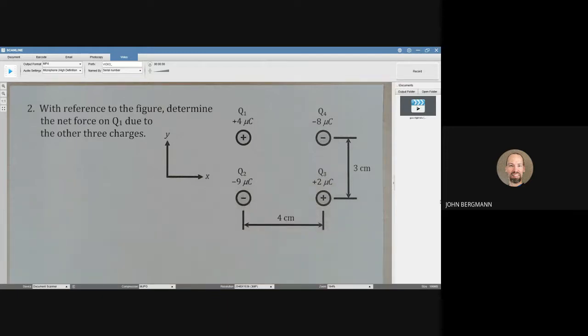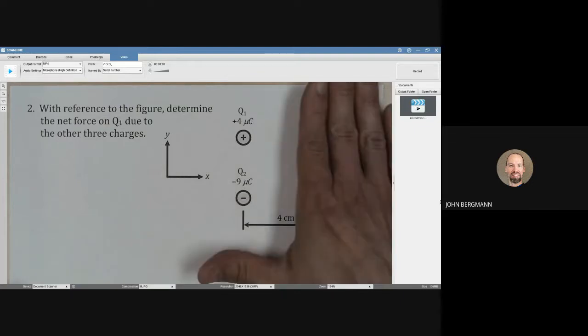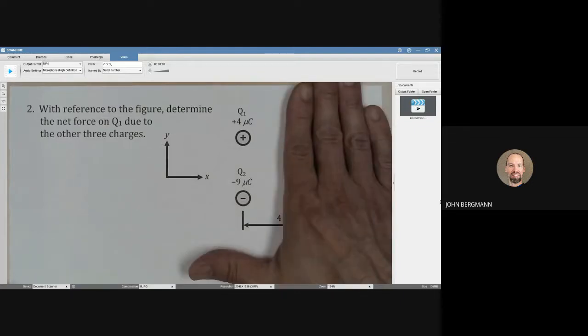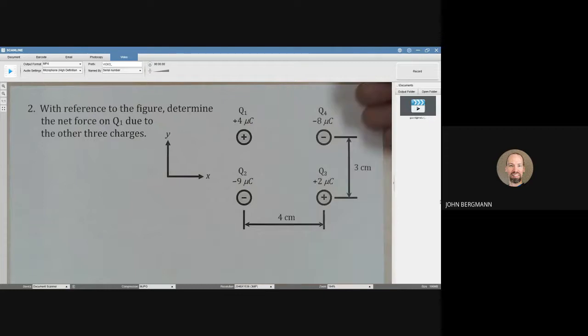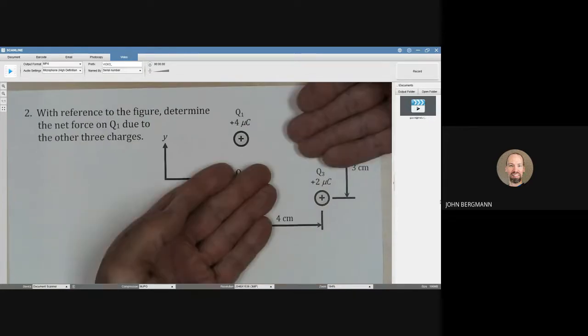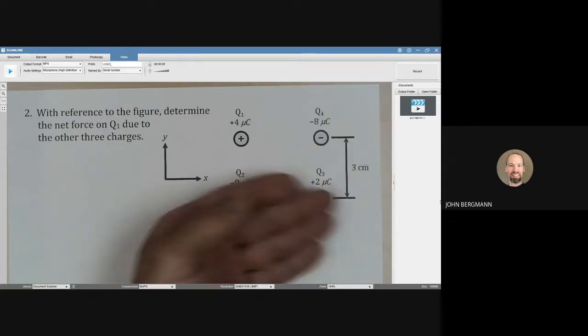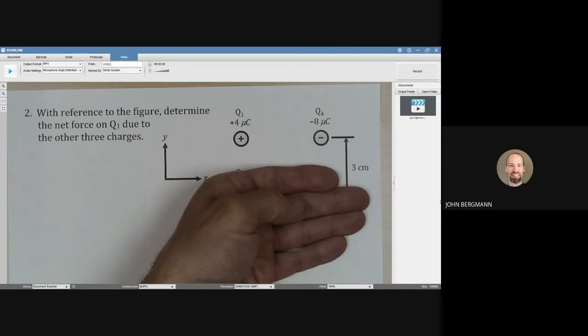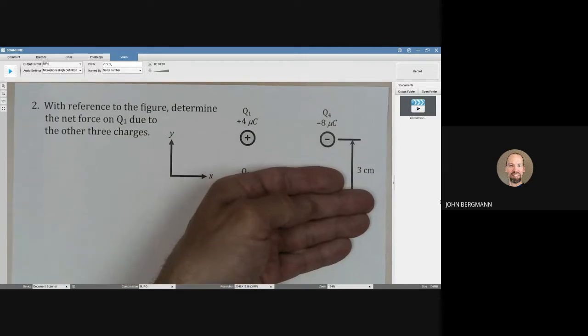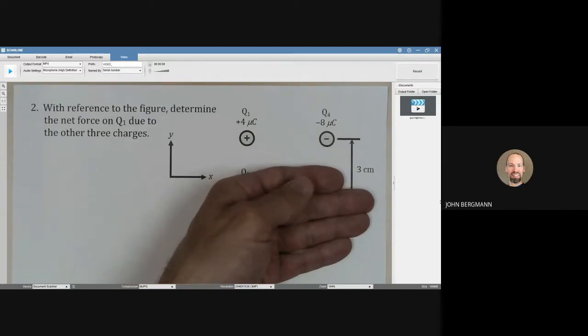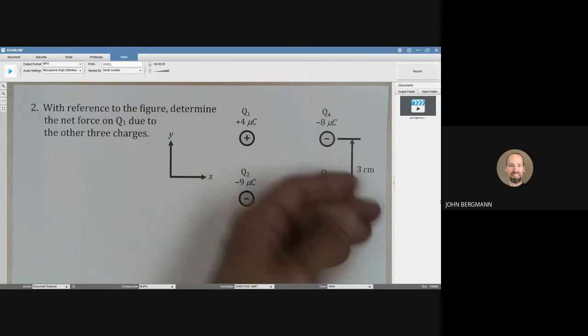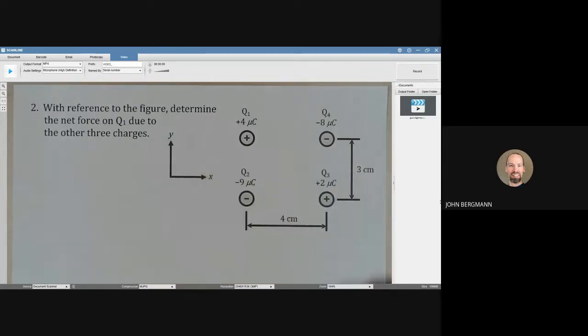But we're going to need to use Coulomb's law first for those two charges, and then for these two charges, and finally for these two charges. And those three forces then are going to have to be added in the vector sense to give the net force on Q1.